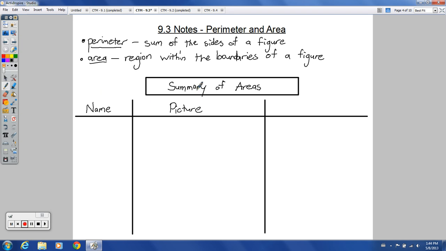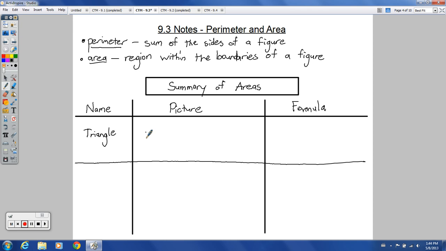So here, a summary of areas. I want you to split this into 3 columns. Make the picture column a bit bigger. The formula one should be a little bit bigger too. The name one can be pretty small. So formula is going to go right here. Starting with a triangle, I'm going to put that here. I'm going to actually write that here, but I'm going to go to rectangle. Leave a good amount of space here.